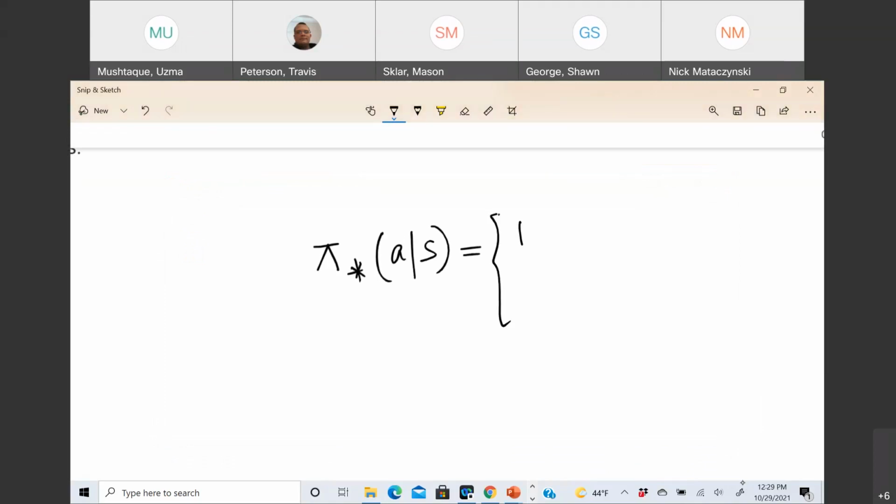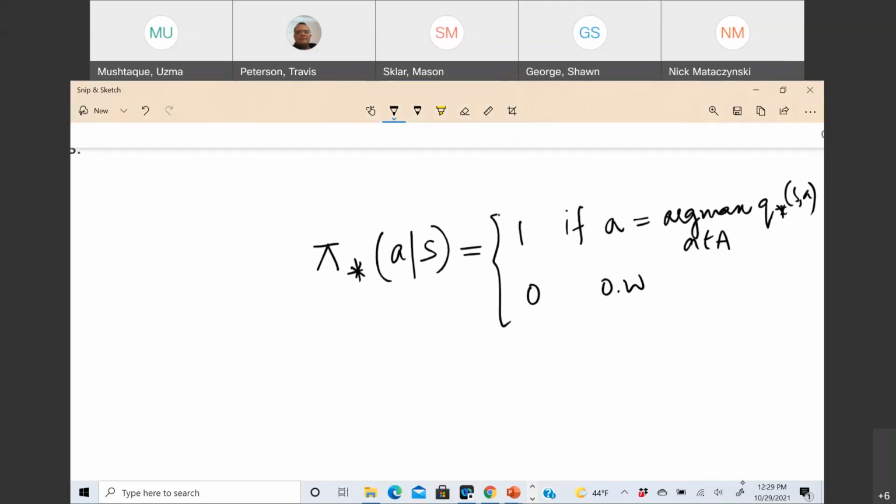This is 1 if my action is the one that maximizes Q star, and 0 otherwise.